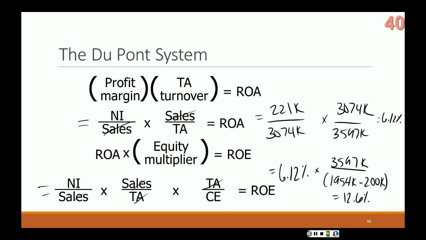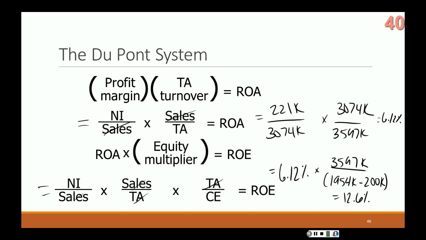So ROA, that means that this company made 6.12 cents on every dollar of sales. Oh, I'm sorry. Excuse me. Their profit margin was 7.2%. So they made 7.2 cents on every dollar of sales, and assets were turned over 0.85 times during the year, so that makes ROA 6.12%.